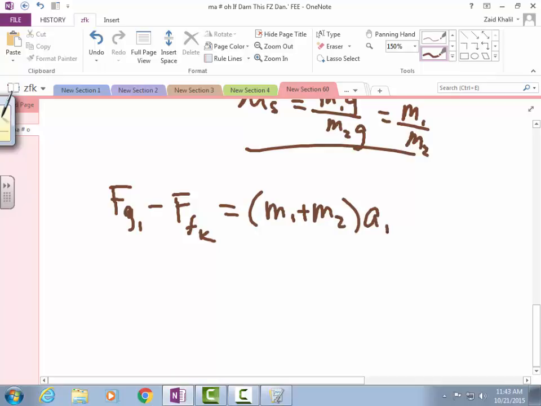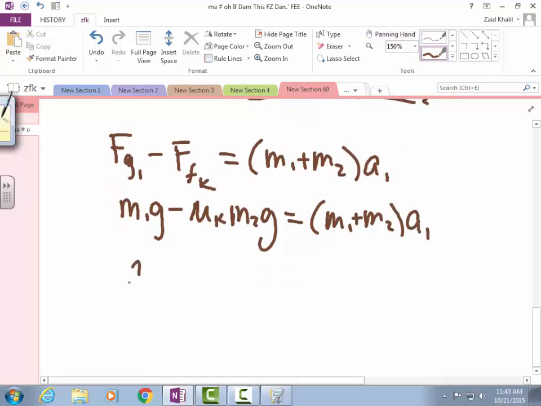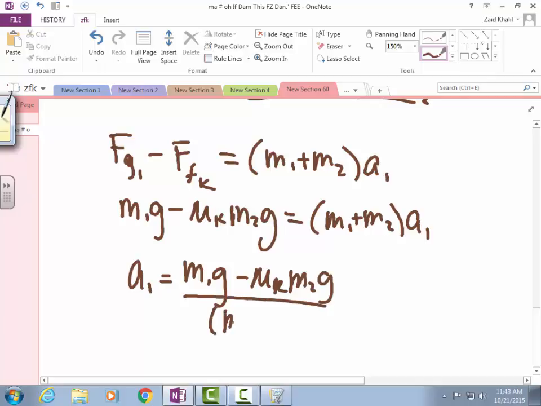What do we get? We have M1G minus mu K M2G equals (M1 plus M2) times A1, which means we can solve for A1 very handily. A1 is equal to (M1G minus mu K M2G) over (M1 plus M2).